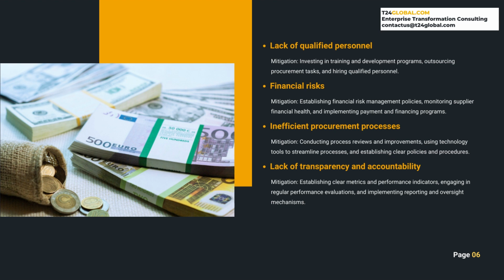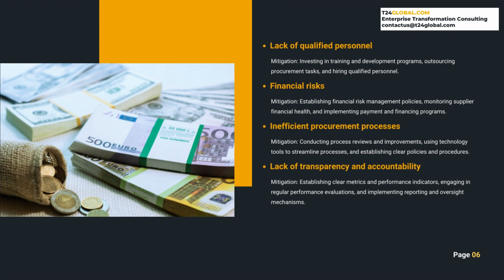This can involve setting up procurement process management processes and conducting regular process reviews. The key persona involved in this process would be the procurement process analyst, who would be responsible for managing procurement process risks. Companies can use procurement process management software, such as SAP Ariba or Coupa, to manage procurement process risks and monitor process performance.